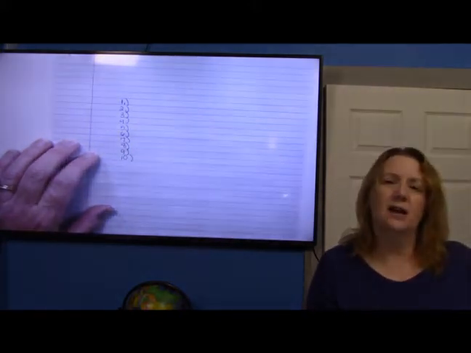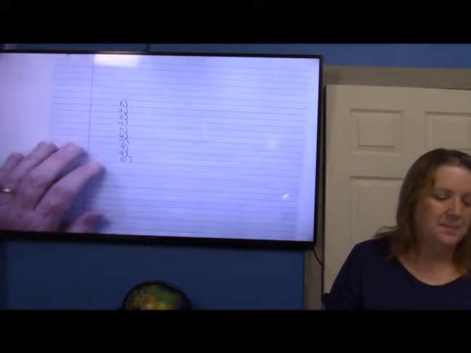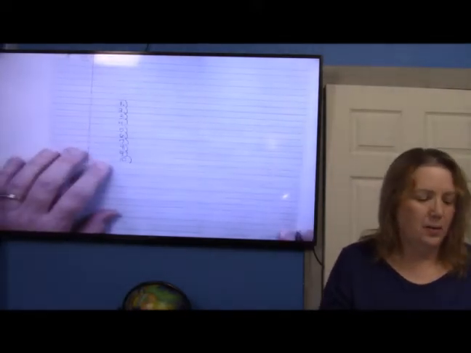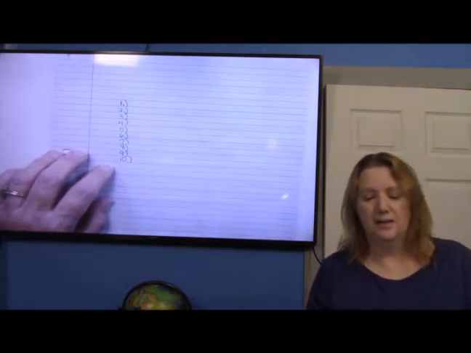We'll do 10 at a time. I think 10 at a time is enough at first. Okay? So we're going to write 1 through 10, and we're going to do that a few times.